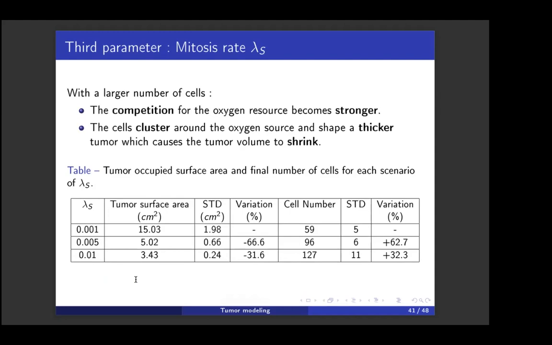The cells cluster around the oxygen vessel and shape a thicker tumor, which causes the tumor volume to shrink. We remark that the surface of the tumor is less than the first when lambda S increases, but the density is greater.